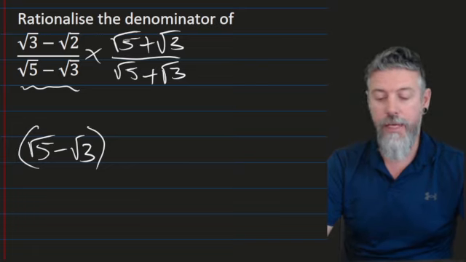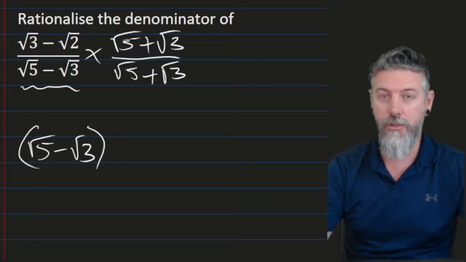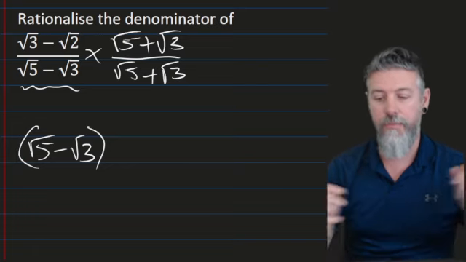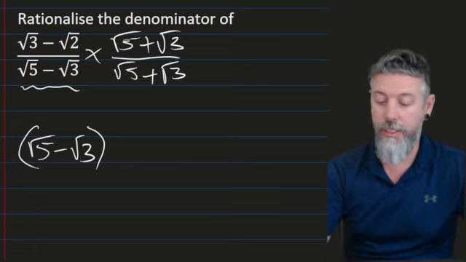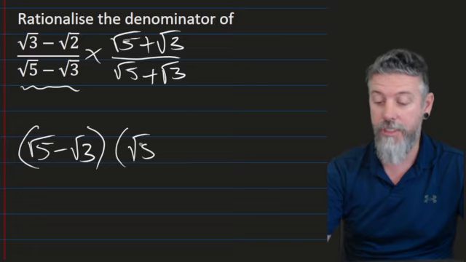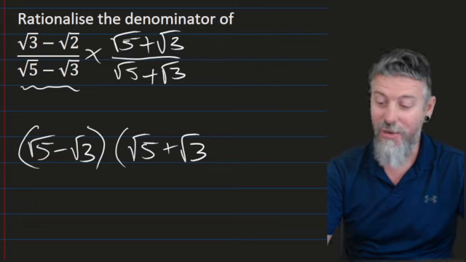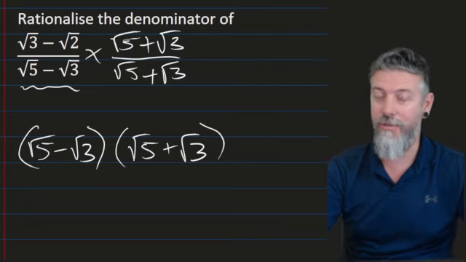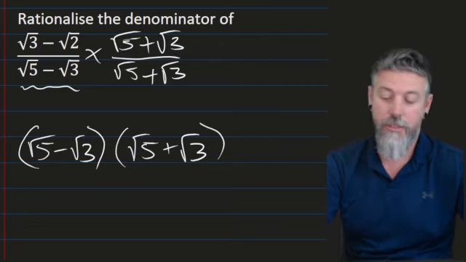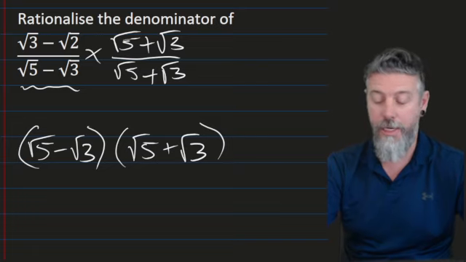So by having that bar there, it's saying, hey, root 5 minus root 3 is together. It's a thing. And over here in our multiplication, we've got the other part of it in the denominator. Now again, just going back to basics, when you multiply fractions, you times numerators and you times denominators. So I'm just looking at the timesing of the denominator part here.